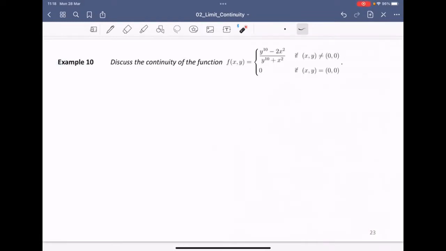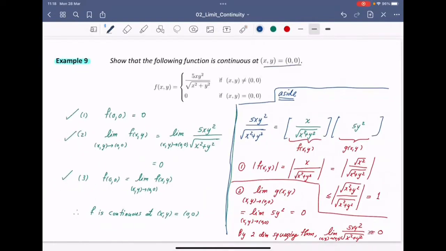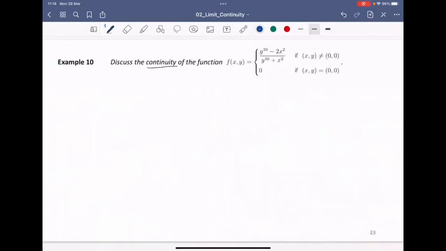So again, they want you to check the continuity of this function. First of all, you can see that they didn't mention that they want to check the continuity at a particular point, but they want to check the continuity of this function. At any point that is not (0,0), you're going to have no problem about continuity.